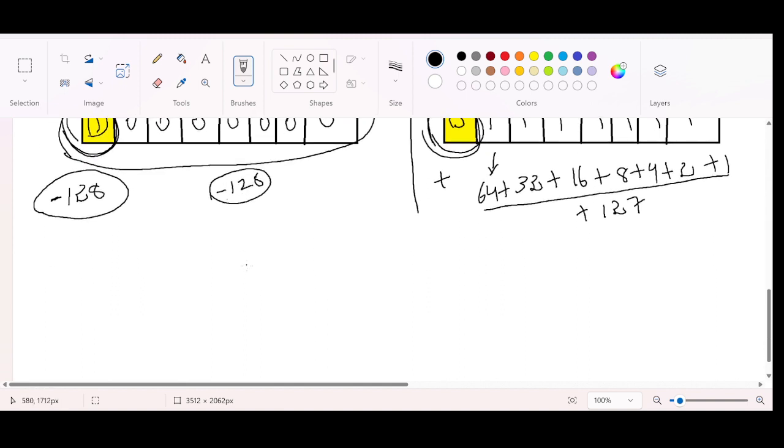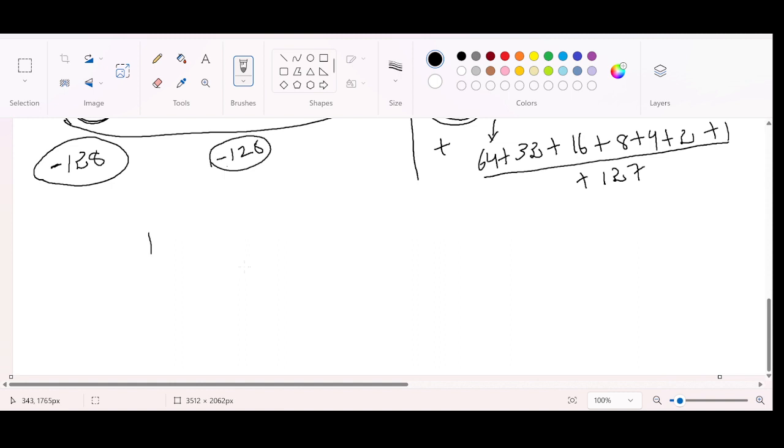So what does it mean? For example, if I want to store byte A equal to 5, a positive number, how can this positive number be represented? Very simple. Directly convert this decimal number to a binary number.